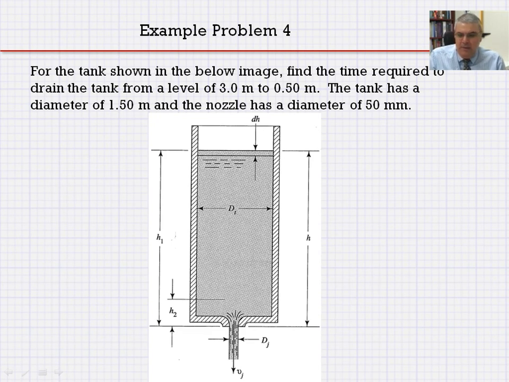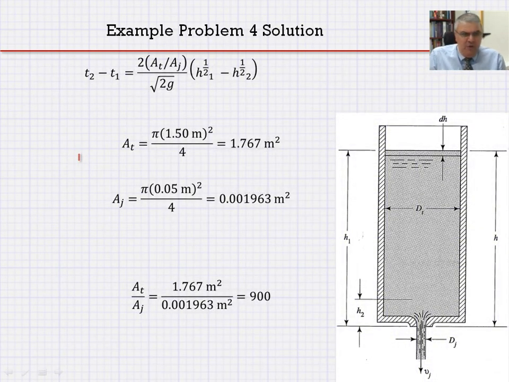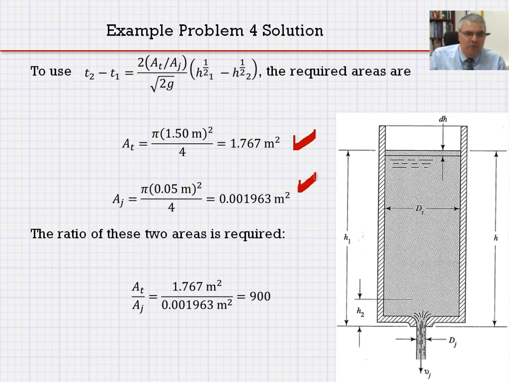Okay, so let me get my tools back here. There you go. Okay, so t2 minus t1, we have the equation. We have A_t, we have A_j. We can calculate these two, and of course we are going to substitute A_t and A_j in that equation. Again, we take the ratio as it's shown here, A_t over A_j.